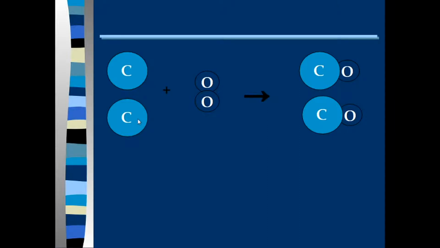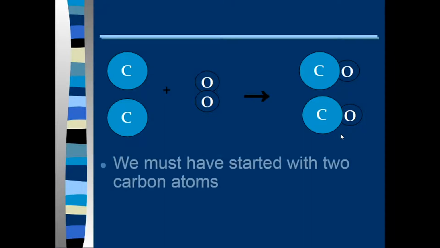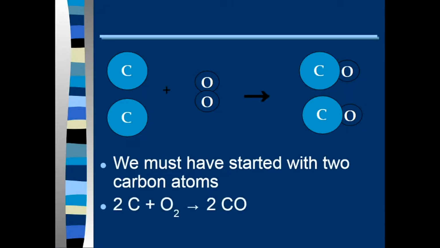So in order for this reaction to occur, I need 2 atoms of carbon. I need 1 molecule of diatomic oxygen. And in that process, I will produce 2 molecules of carbon monoxide. And there is your balanced equation. 2 carbons plus 1 molecule of oxygen makes 2 molecules of carbon monoxide.